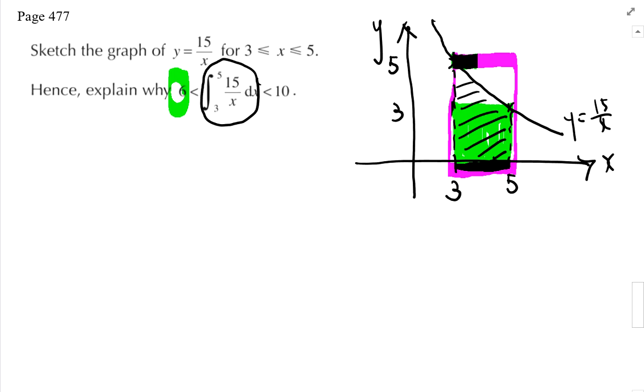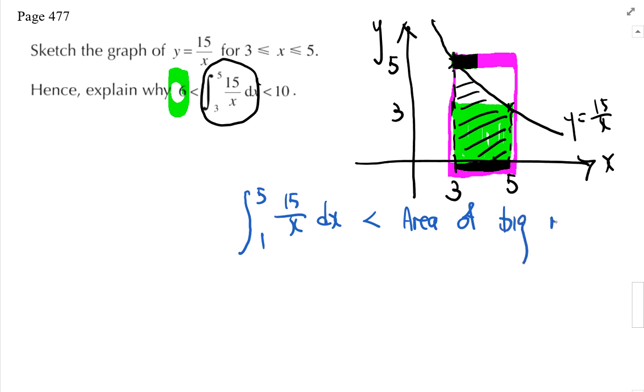Let me write the steps out now. So you have the area of the big rectangle, which is the one in pink. It's bigger than the area of the small rectangle, which is in green.